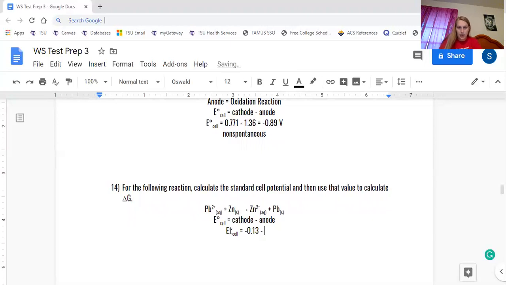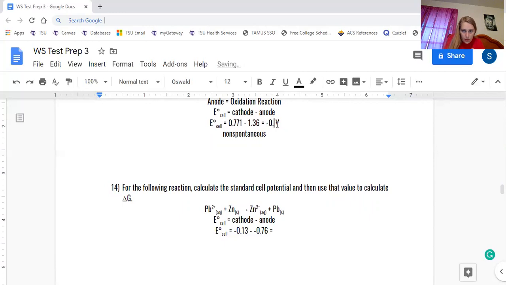We're going to subtract the anode, so the one with the oxidation reaction. That's going to be our zinc, because that's going from 0 to 2. So we look at our zinc, and that is negative 0.76. When you do the math on that, you're going to end up with, oh shoot, I wrote the answer for that one up here.